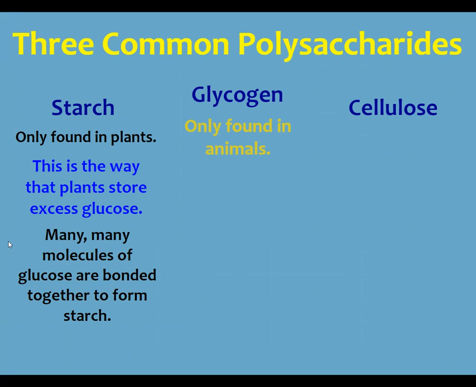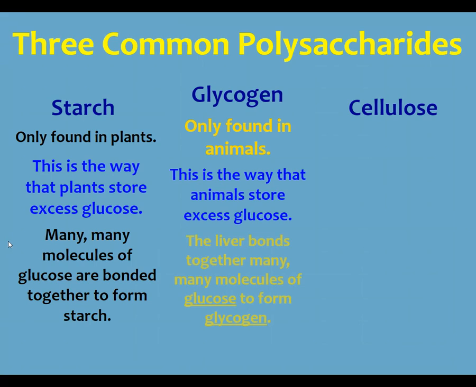The next one is glycogen. It's only found in animals. This is the way that animals store excess glucose. The liver in your body bonds together many molecules of glucose to form glycogen. And glycogen can quickly be converted back into glucose if the body needs it.